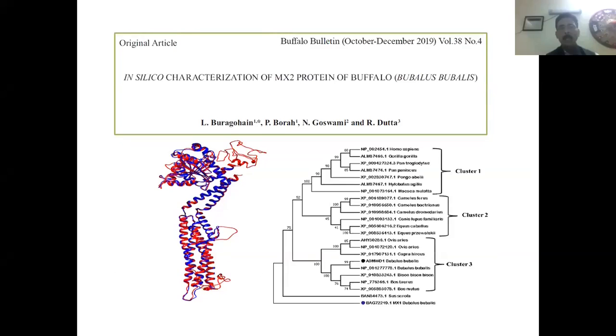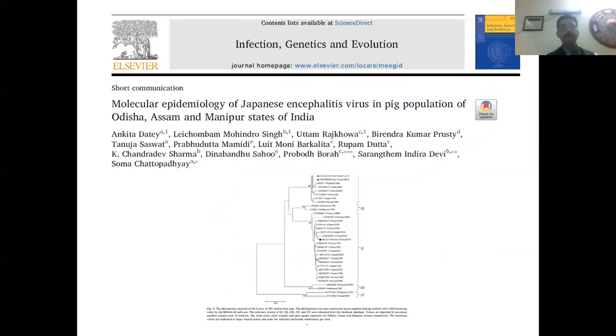We predicted its structure and we also predicted its molecular function. Then another publication we had in Infection, Genetics and Evolution was based on our research in a group in collaboration with IBSD in Imphal and the Institute of Life Sciences, Bhubaneswar. This was on molecular epidemiology of Japanese encephalitis virus in the pig population of Orissa, Assam and Manipur states of India.